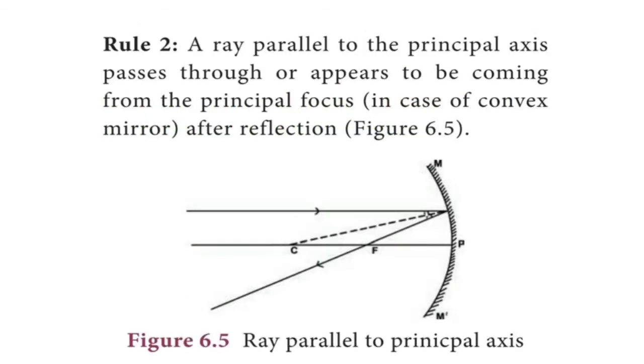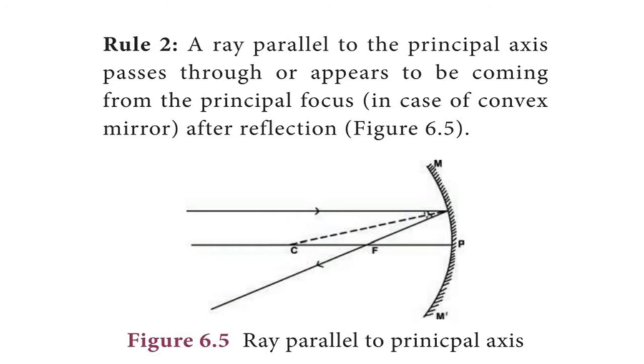Rule 2. A ray parallel to the principal axis passes through or appears to be coming from the principal focus after reflection. So when you see this ray diagram, we can understand that the middle line is called the principal axis.